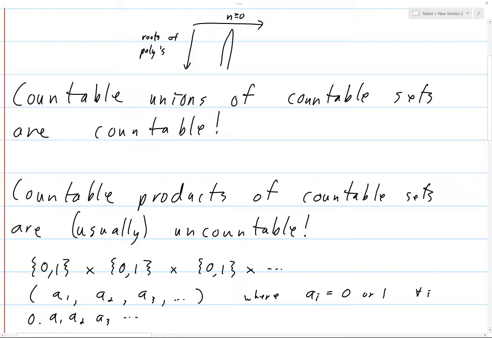It will work out because countable unions of countable sets are countable, which is what I want. On the other hand, countable products of countable sets are not countable, and that's not what I want. So sorry about the mix-up, but hopefully this explanation will clarify that exercise.